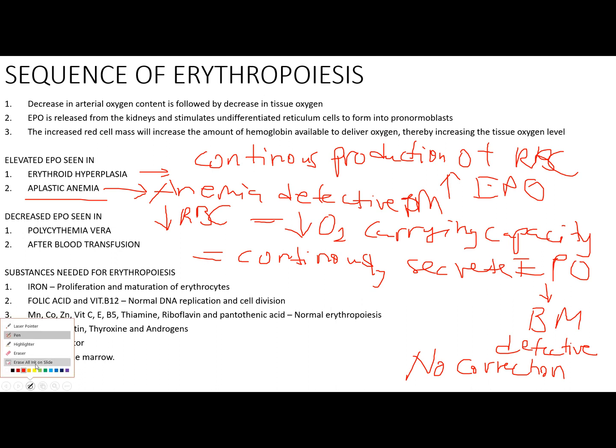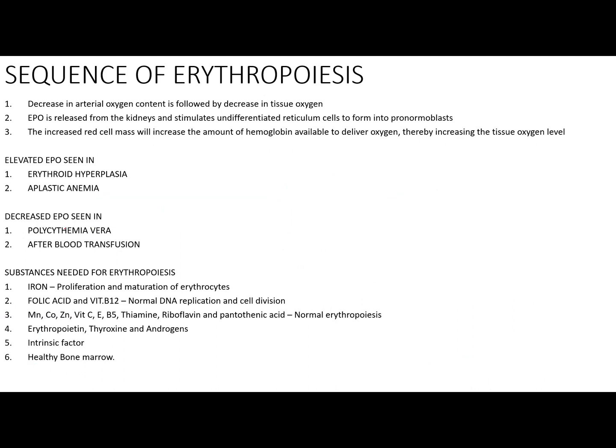So that's it. Then you could also see, class, decreased EPO in polycythemia vera. Polycythemia vera, or your PCV, class, is what we call an increased production of RBC, WBC, and platelets, class.